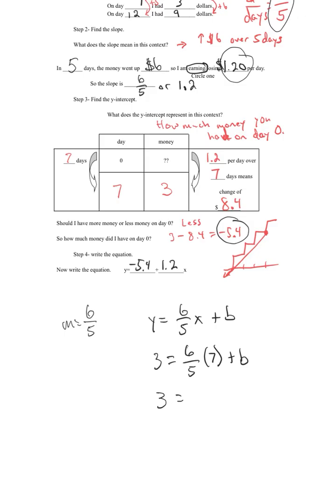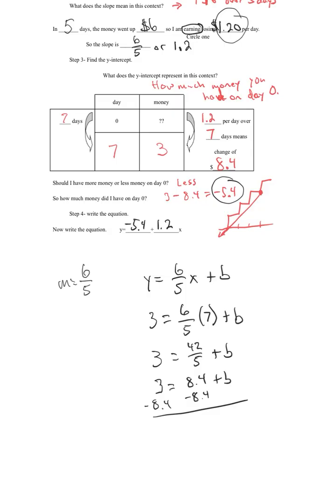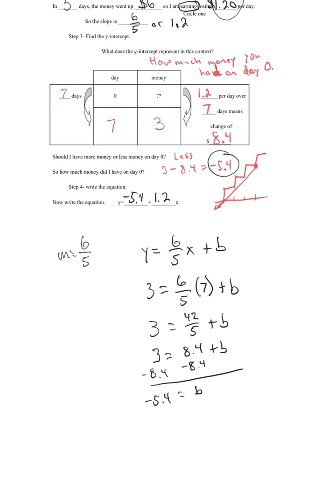But just as a reminder, to do the fraction, it would be 6 times 7 over 5 plus b, which I think we've seen that number, right? 42 divided by 5. That was our 8.4. And then you take away 8.4, just like we thought when we were working backwards. And so we get negative 5.4 equals b. And then finally put it all together, y equals 1.2x minus 5.4.